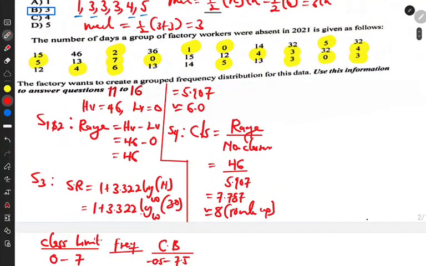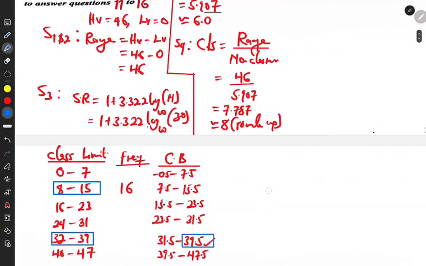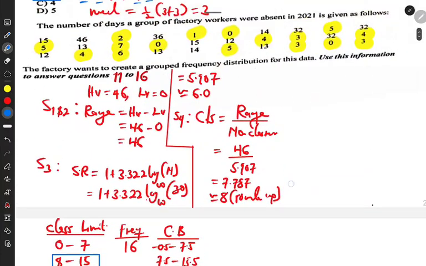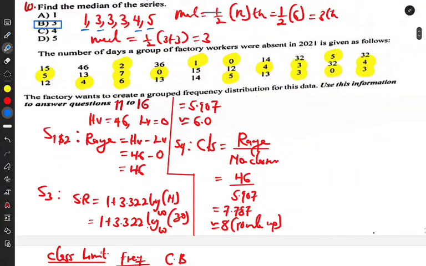Then move to the next class, which is 8 to 15. Let's see for 8 to 15. So the frequency that will fall within 8 to 15 as a class limit.